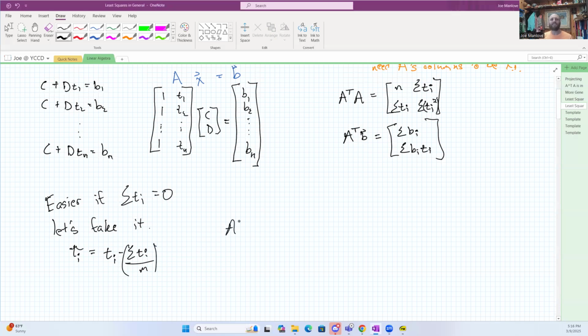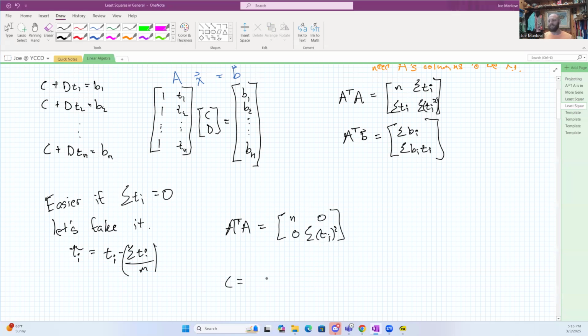In this case, if you go back through, you'll get A transpose A is our n here and our sum of our tau i's squared. And both of these guys are going to end up being zero. And then that's relatively easy for me to invert.